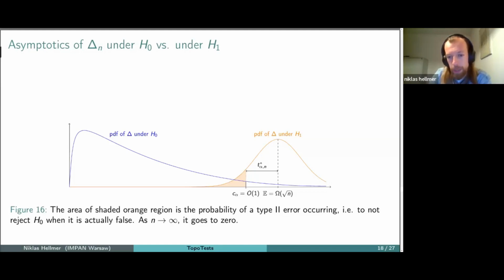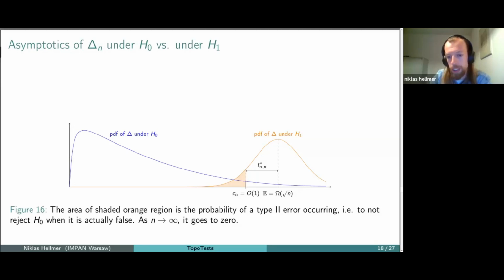So we can show that the expected value of the test statistic under the alternative distribution is growing like square root of n, whereas this critical threshold, if you remember this blue histogram on the left, didn't move. So this critical threshold is basically constant and does not increase with n.